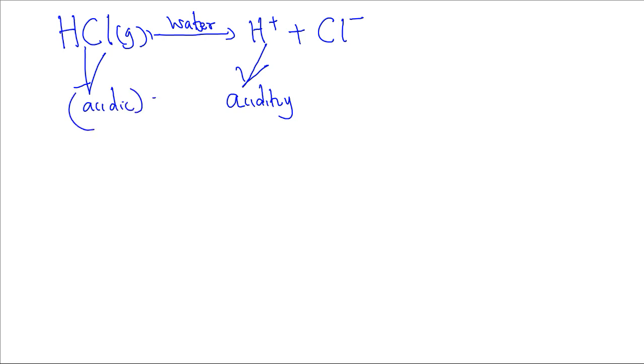And therefore, this same presence of hydrogen ion is what will make it turn blue litmus paper red, react with magnesium carbonate to liberate carbon 4 oxide.